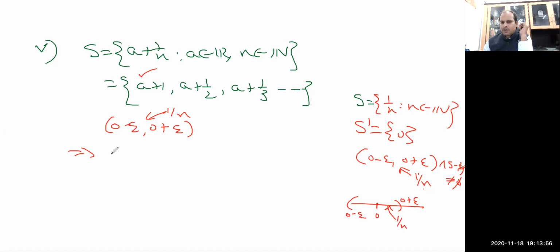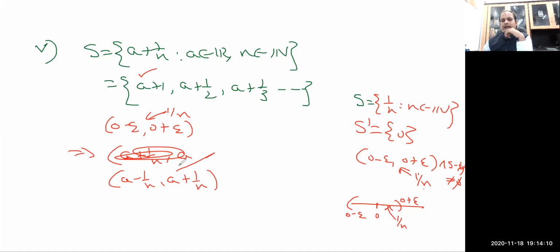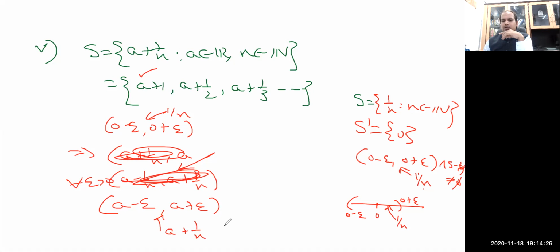So for every epsilon greater than 0, that is for every neighborhood of a, a minus epsilon, a plus epsilon, this will contain infinitely many members of the type a plus 1 by n for n belonging to N.